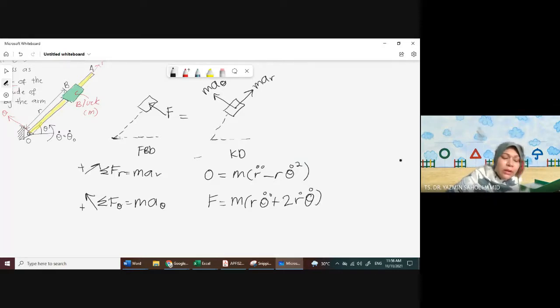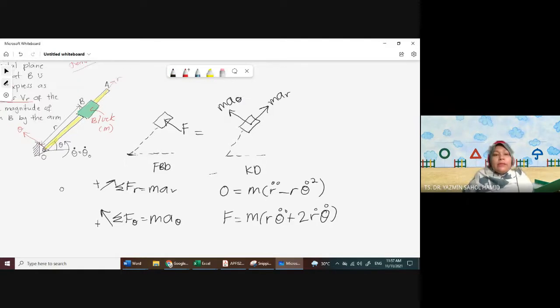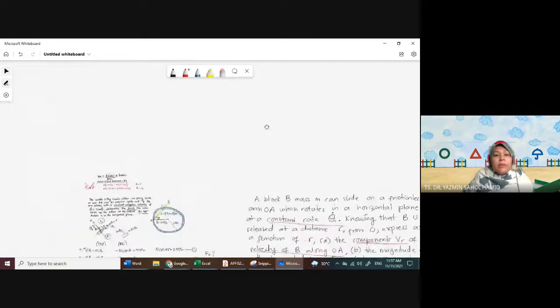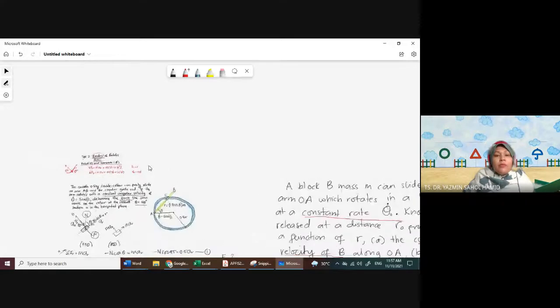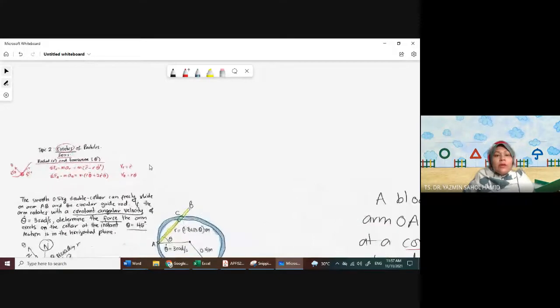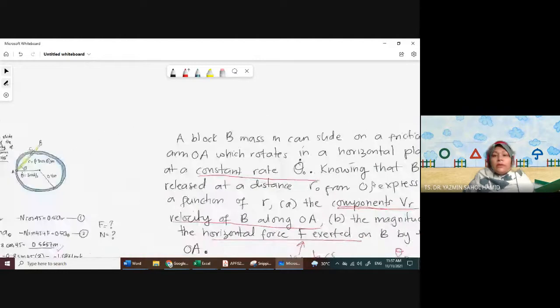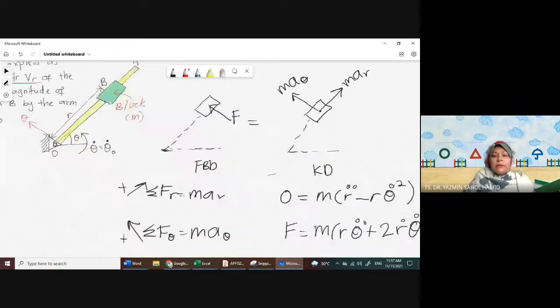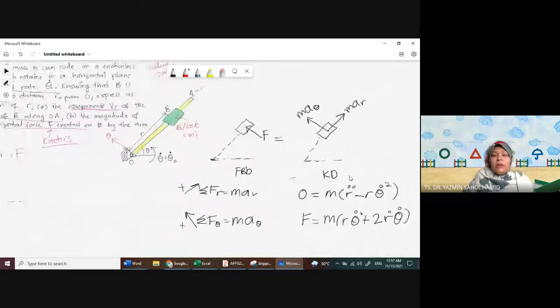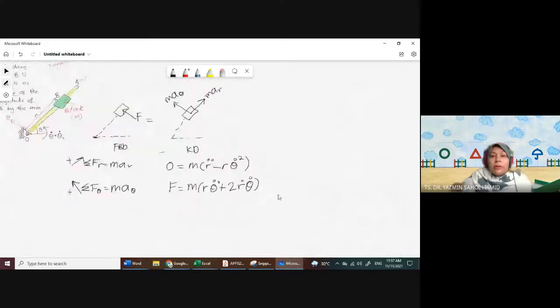Okay, now this is the equation, and you also know there are other equations. What was the formula for VR earlier? Do you remember? Where did we do it earlier? Here. What formulas do we know? VR equals R dot and V theta equals R theta dot. So we write it again here so that we remember all the other necessary formulas.